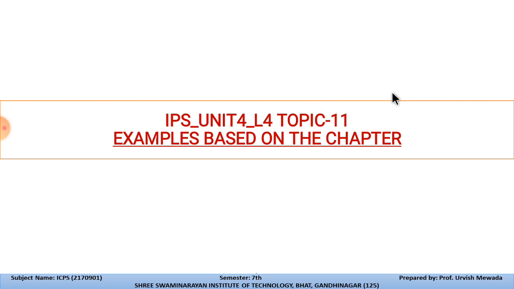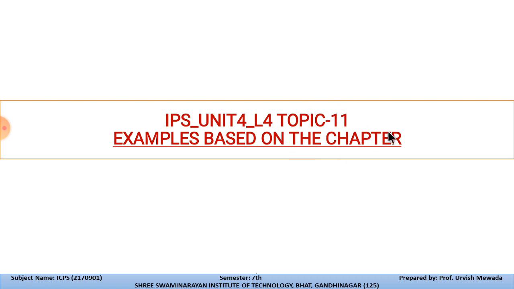We derived the equation of that dynamic programming method in detail, and then we discussed the advantages related to the unit commitment of the particular generating station. Then we discussed the examples based on the current chapter in topic number 10, and this is the continued topic.